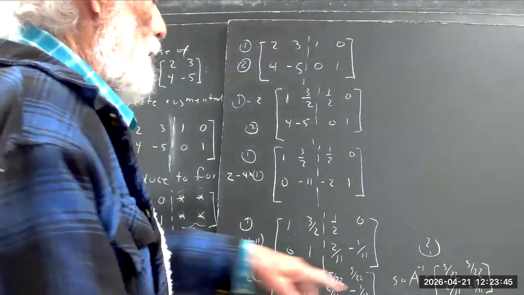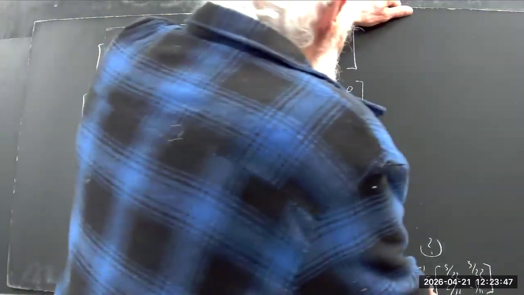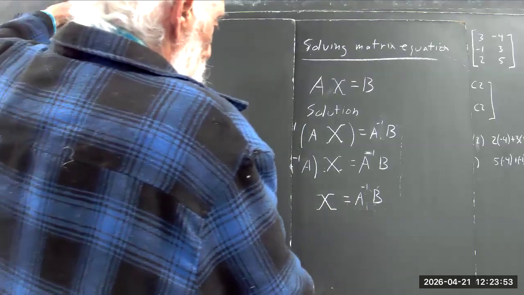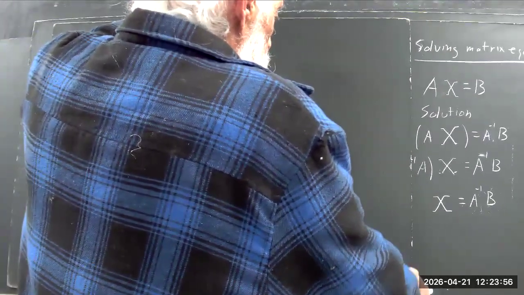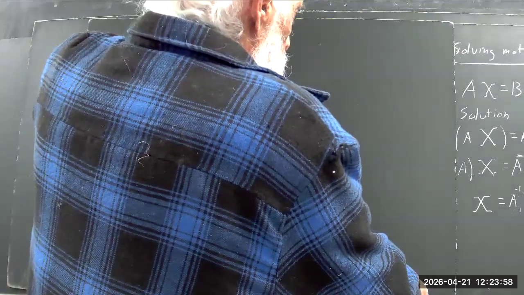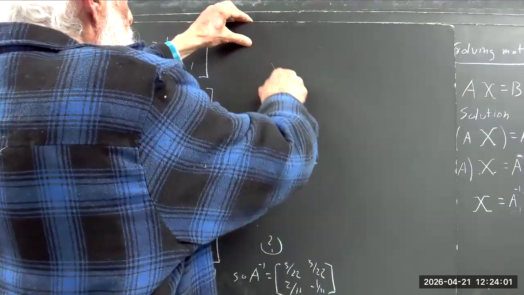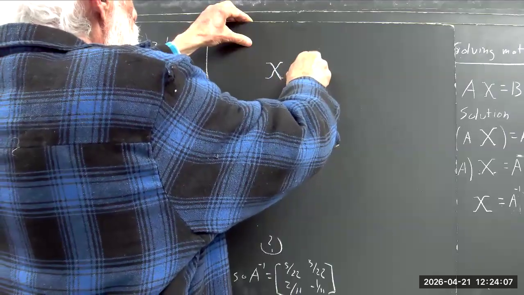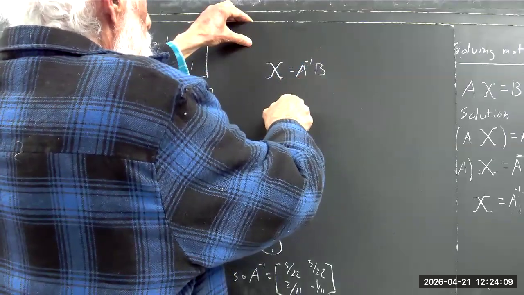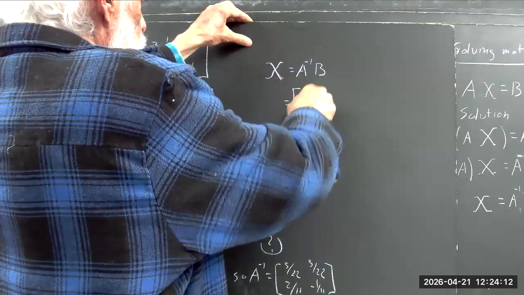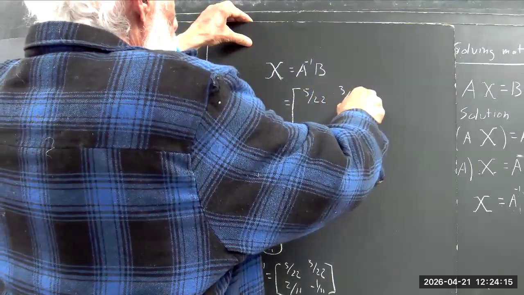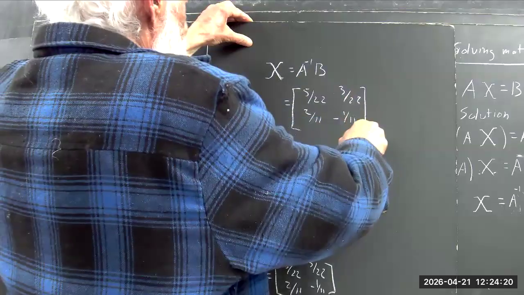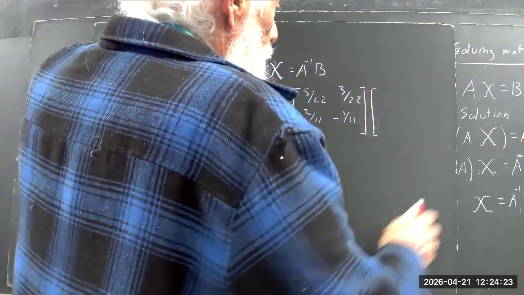And all I'm going to do is multiply A inverse by the B matrix. My solution is A inverse B. That'll be 5 22nds, 3 22nds, 2 11ths, negative 1 11th, multiplied by the B matrix.